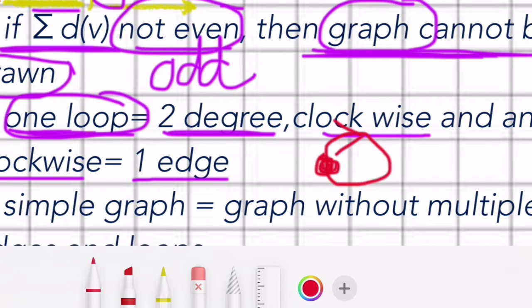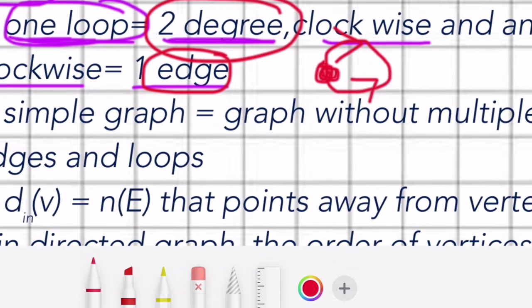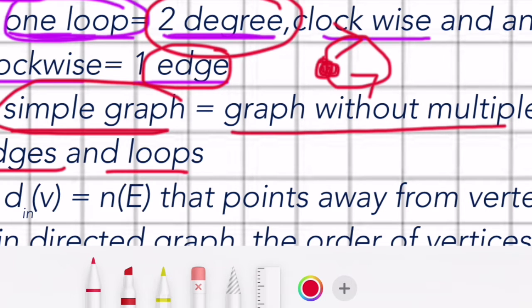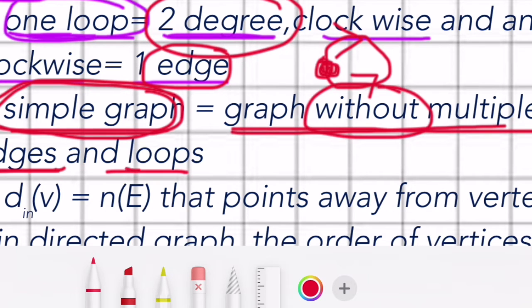So clockwise consider 1 edge and anti-clockwise the other edge. So the degree for a loop is 2. Simple graph is a graph without multiple edge and loops. That's the definition for simple graph. Graph without multiple edge or loops.